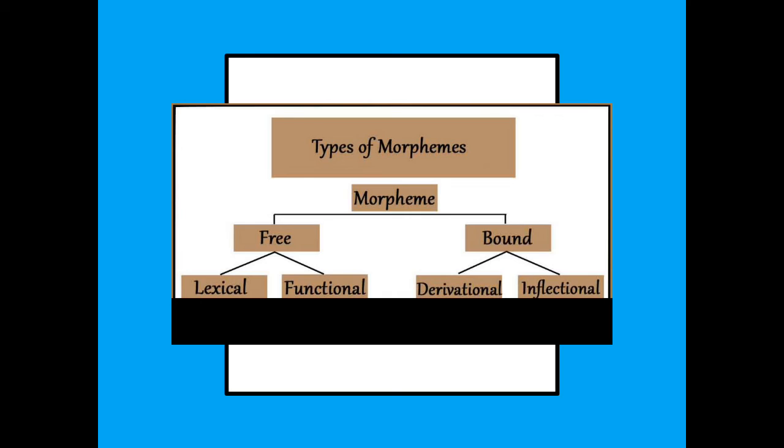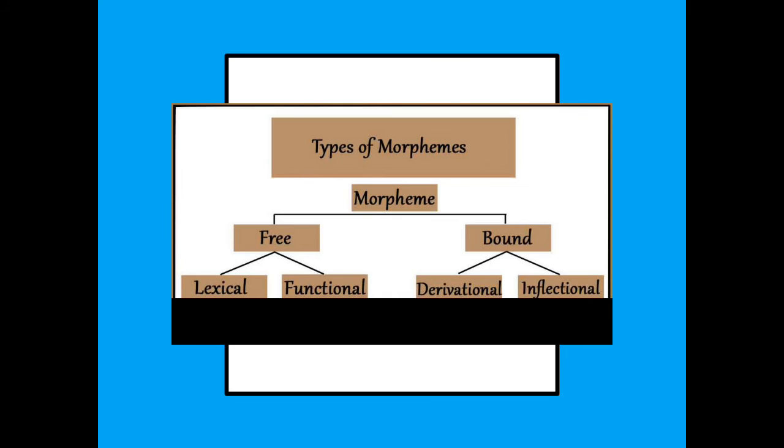Under the free morpheme, we have lexical and functional free morpheme, but we didn't talk about it in this lesson. We will do that in our next lesson, maybe it will be me or your normal teacher. Under bound morpheme, we have the derivational and the inflectional morpheme. So this is all about the topic morpheme.